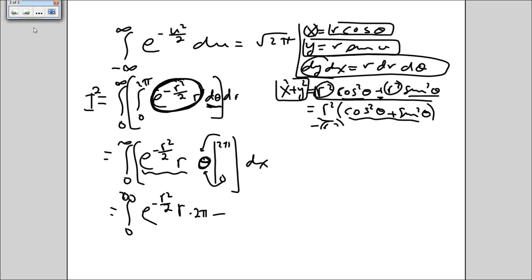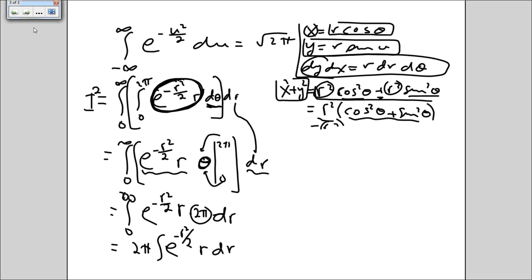Times dr. It's a typo there. It always was dr. Sorry. 2 pi is a constant. I'm going to bring it in front. It's 2 pi times the integral of e to the negative r squared over 2 times r.